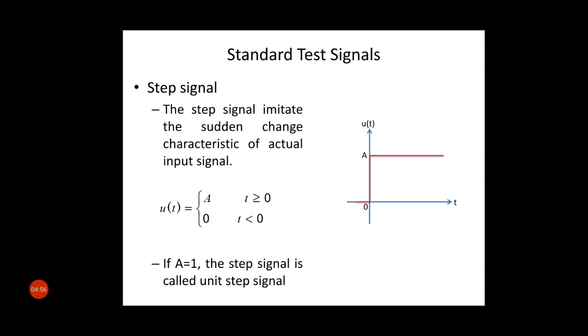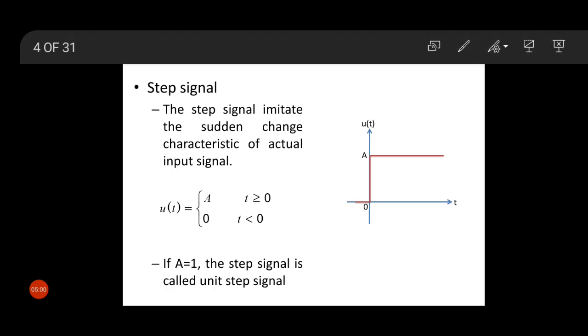So the diagrammatic representation of this step signal is like this. Okay, so this is u(t). Amplitude u(t) equals A, and this amplitude A is equal to 1.